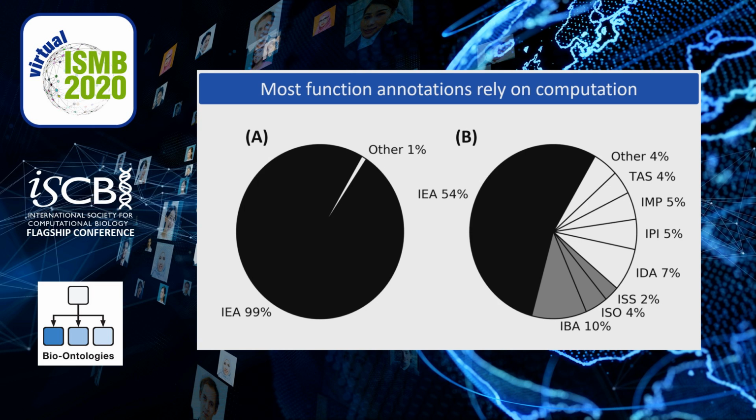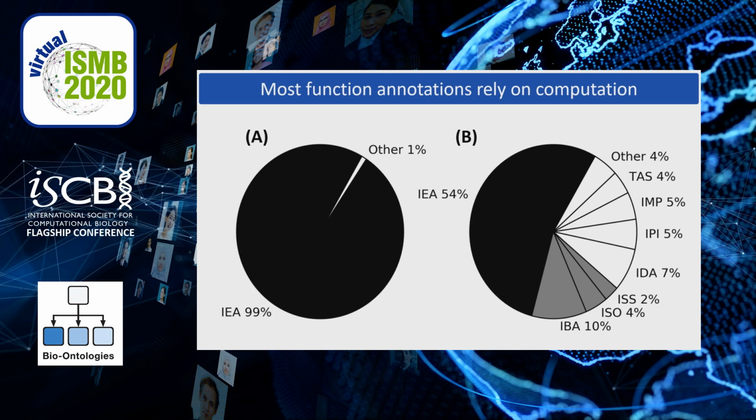Figure A shows that 99% of GO annotations for UniProt proteins are from fully automated predictions, also called inferred from electronic annotation, or IEA, in black.